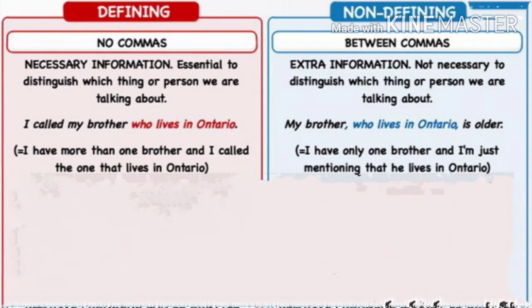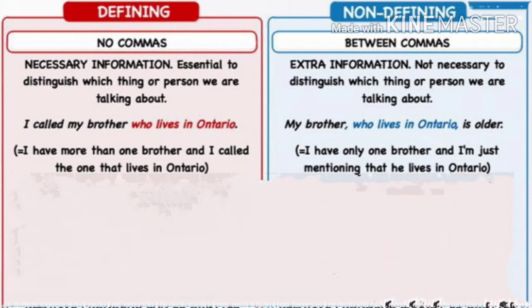So what are the main differences between defining and non-defining clauses? First one, in a defining clause we use no commas. It gives necessary information, essential to distinguish which thing or person we are talking about. So we don't use any commas.